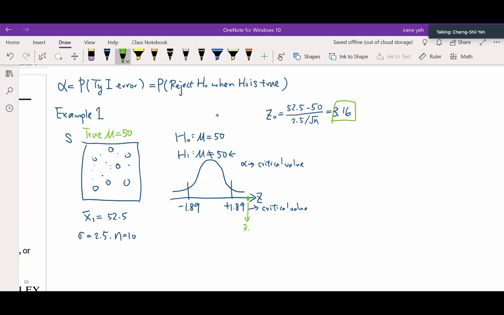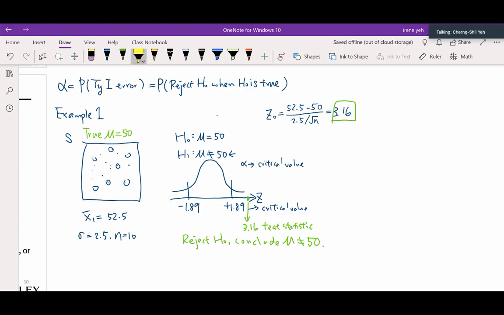This is my test statistic. So what conclusion are we going to draw from this hypothesis testing? My test statistic fell outside my confidence interval. As a result, we reject the null hypothesis. And what are we concluding? We're concluding the alternative hypothesis that mu is not 50.